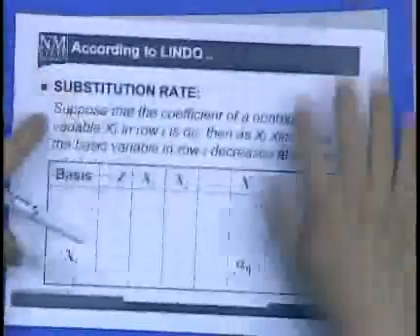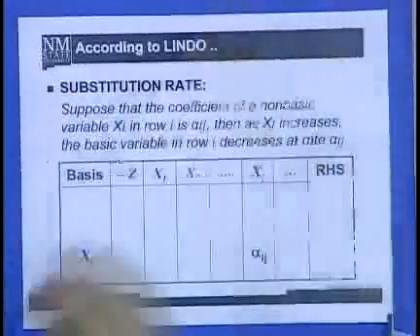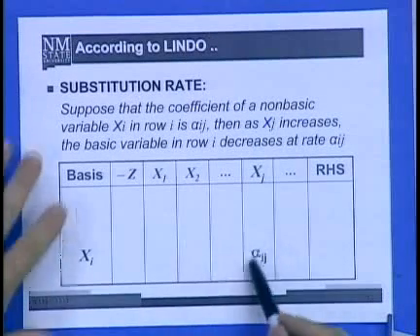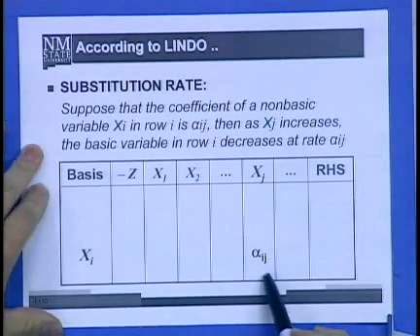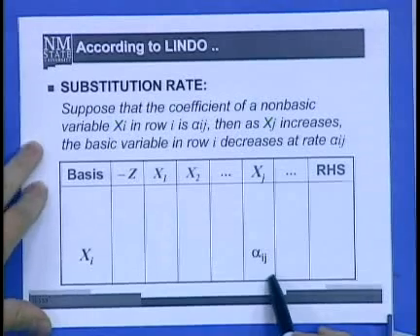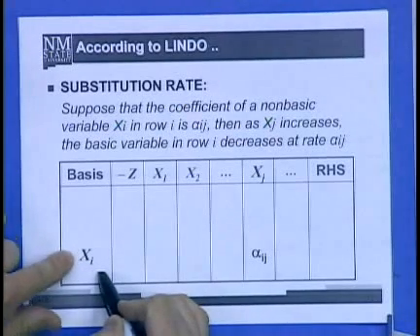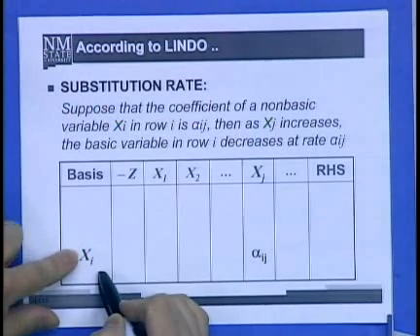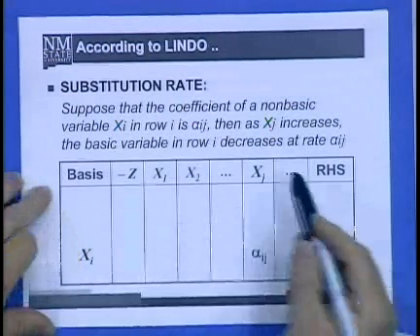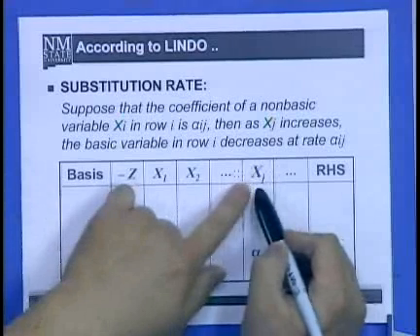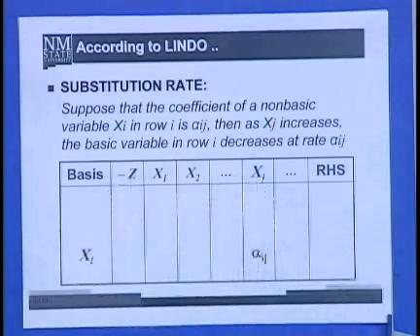Just ago I said the substitution rate alpha ij indicates how much the xi variable, the basic variable in row number i, decreases as xj, the non-basic variable, increases.